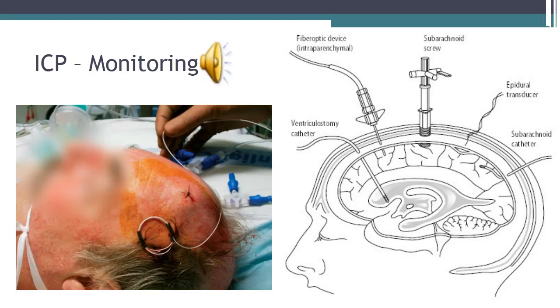An epidural, subarachnoid, intraventricular or intraparenchymal catheter can be put in place and connected to a transducer and a device to monitor the intracranial pressure. This step is very important in the management of head trauma patients. So any rise in intracranial pressure, we can detect easily and manage accordingly.